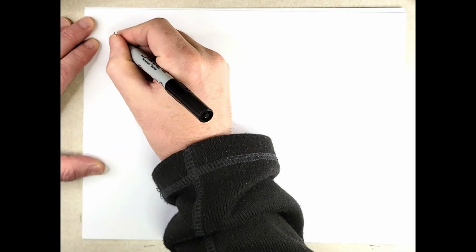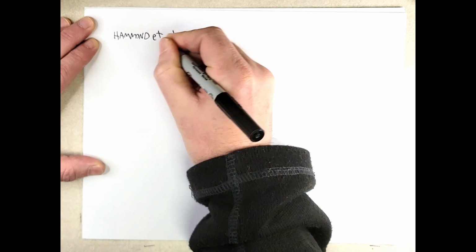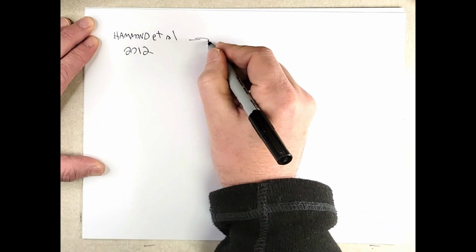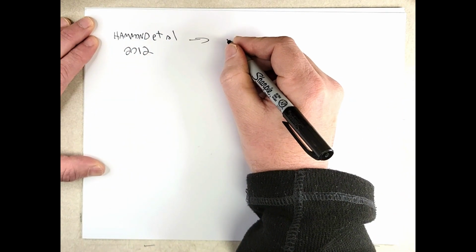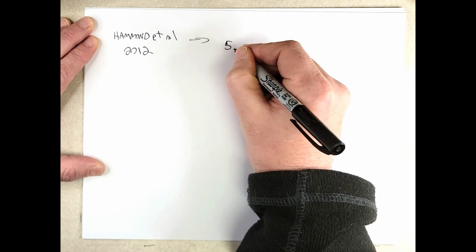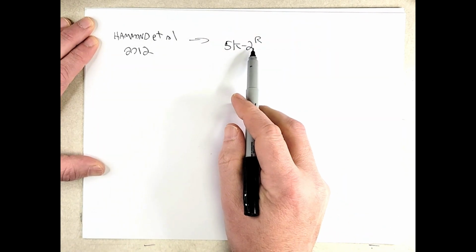Okay, so what did Hammond et al. 2012 attempt to do? Well, essentially, they were looking at the SK2, or at least they started with an SK2R strain.